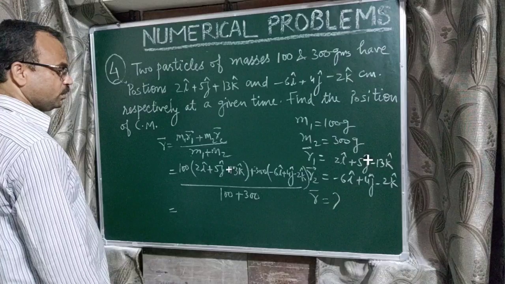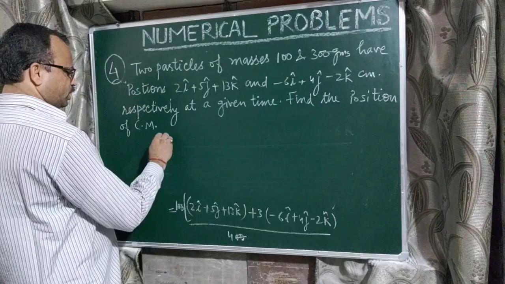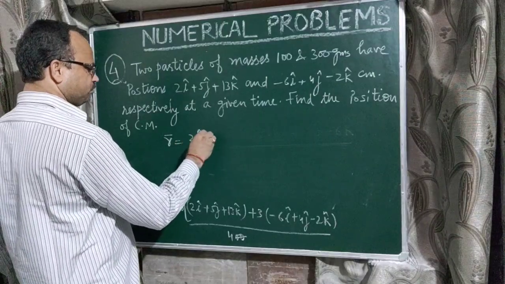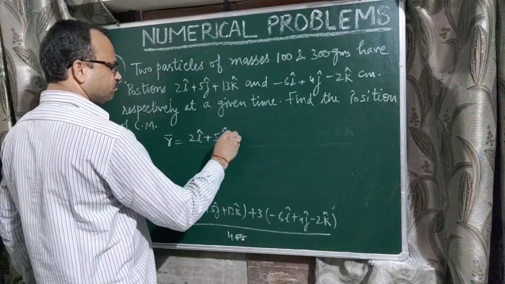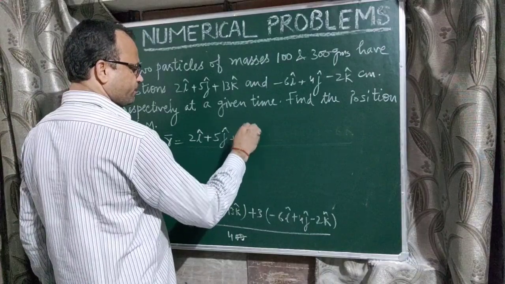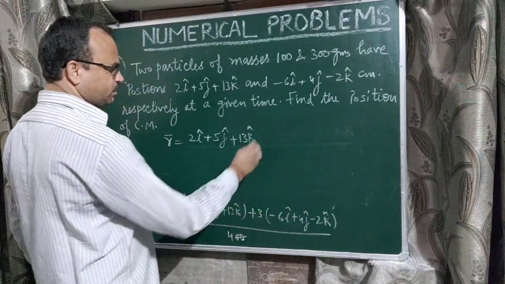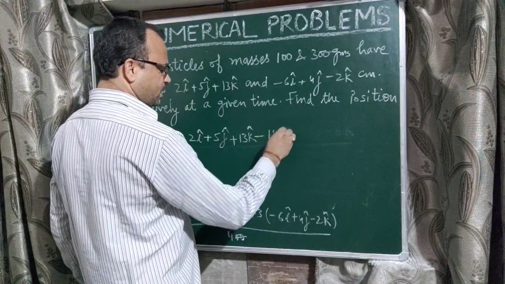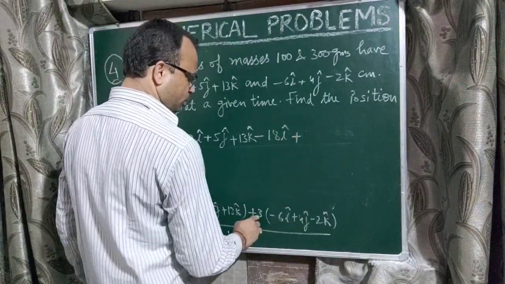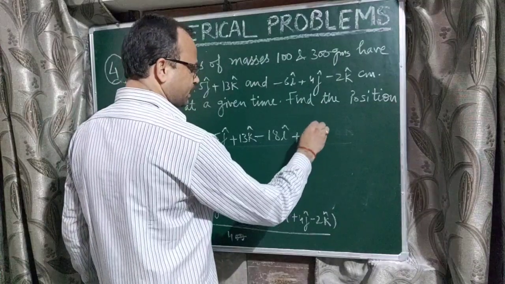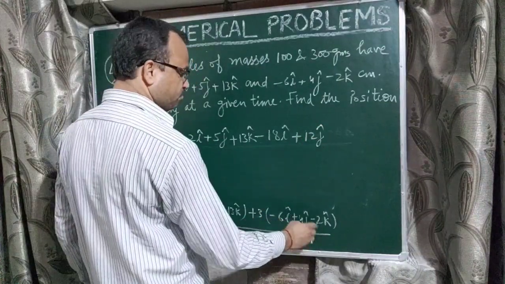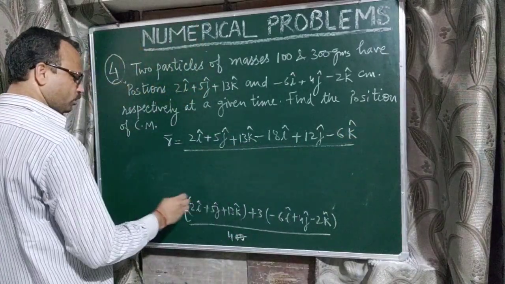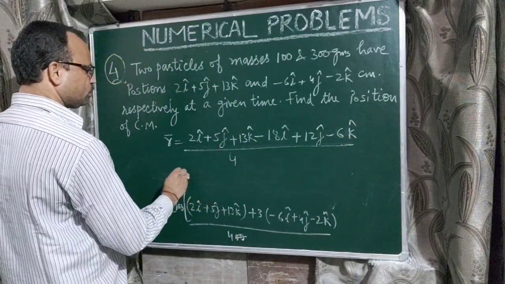Solving this we get r vector equals (2i cap plus 5j cap plus 13k cap, now open this bracket, plus minus 6 threes are 18i cap plus 3 fours are 12j cap, 3 twos are 6 means minus 6k cap), whole upon 4.